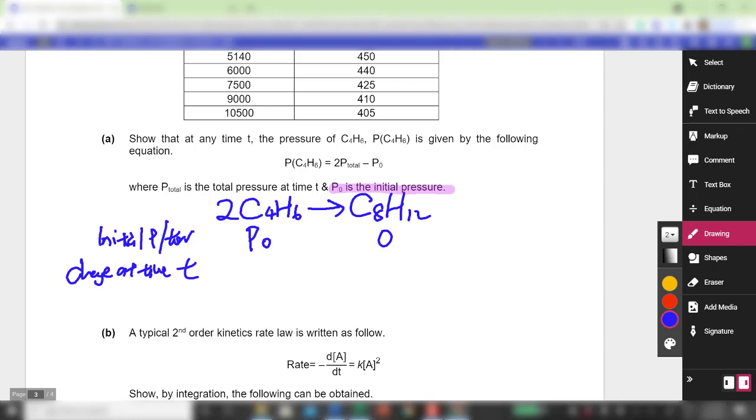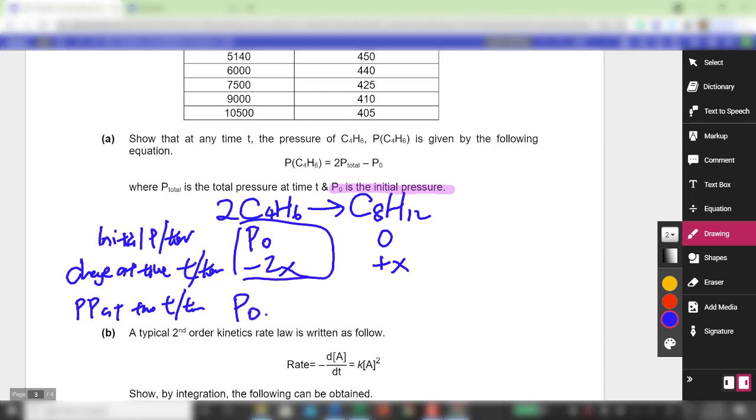If let's say I'm forming x amount of C8H12, then the amount that changes for C4H6 will be minus 2x. Therefore I can easily write down an expression for the partial pressure at time t in torr, which is the difference between these two: P naught minus 2x for C4H6, and x for C8H12.